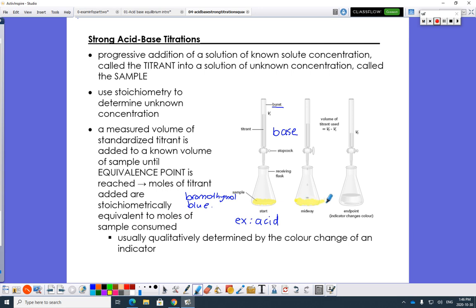What you would start to see, so you can kind of see there's a darker dot here, is trying to show you that it would start to turn blue. And then you would try your very best to get as close to neutralization as possible. So what color do you think you would see?